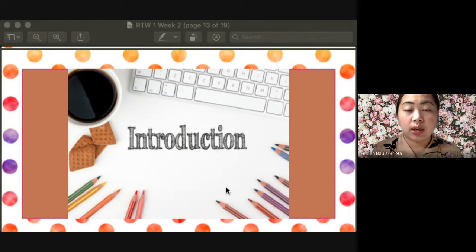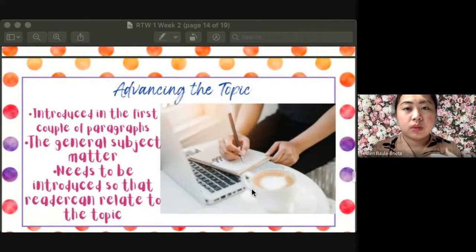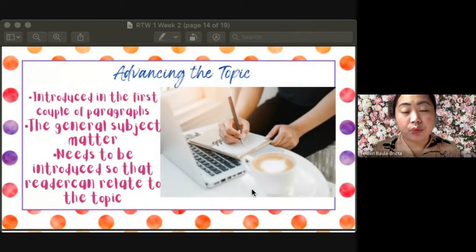Writing of your introduction. The introduction of your paper will present the topic of interest and your research problem.